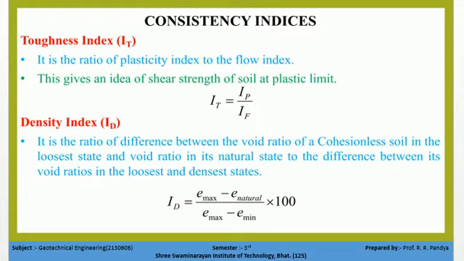Density index is derived from the equation (E max minus E natural) divided by (E max minus E minimum) times 100. Here E denotes the void ratio. E max denotes maximum void ratio, E natural denotes natural void ratio, and E minimum denotes minimum void ratio. Density index is also known as relative density.